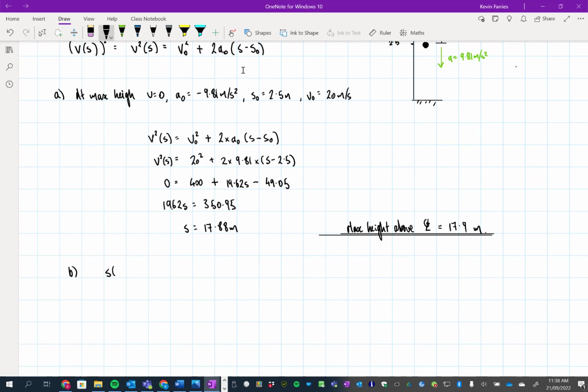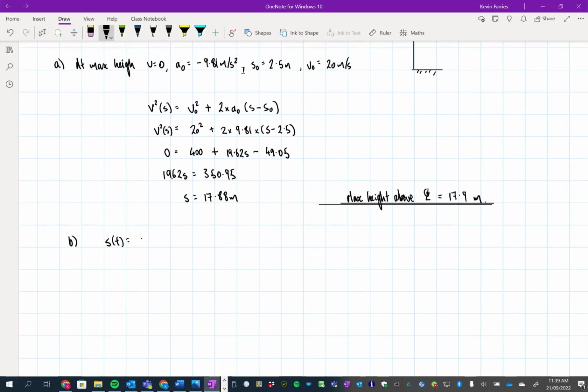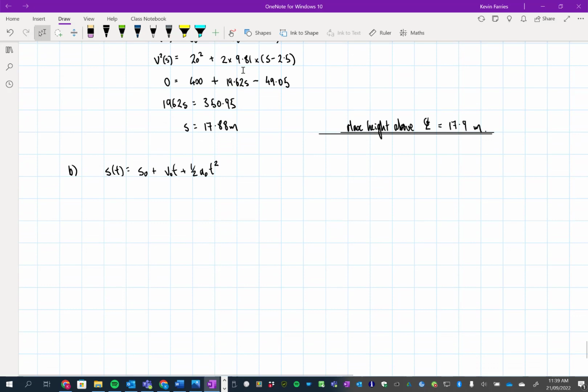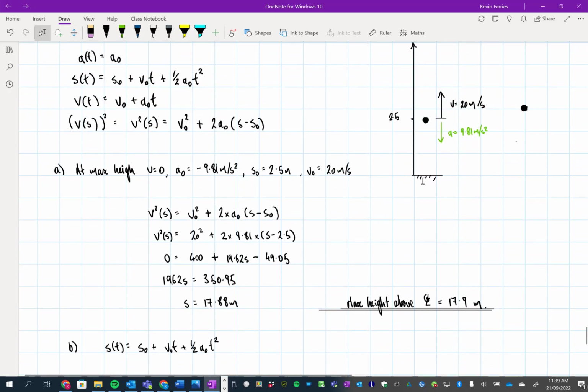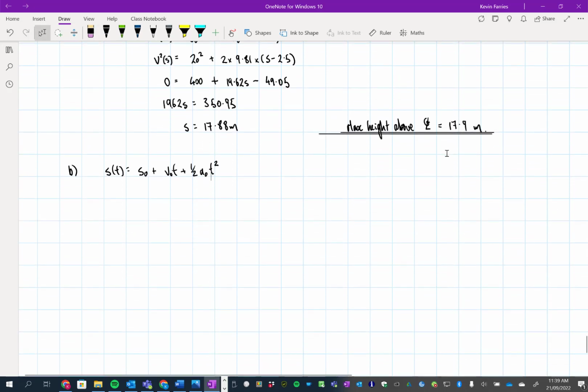And so we've got s, the displacement at time t, is equal to, for constant acceleration, s naught plus v naught times t plus a half a t squared. So what do we know here? We're trying to find a time at which the displacement is zero, taking displacement relative to the ground. So we're trying to find a time at which that is equal to zero.